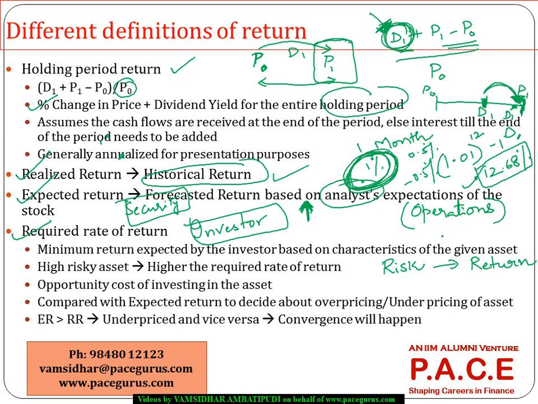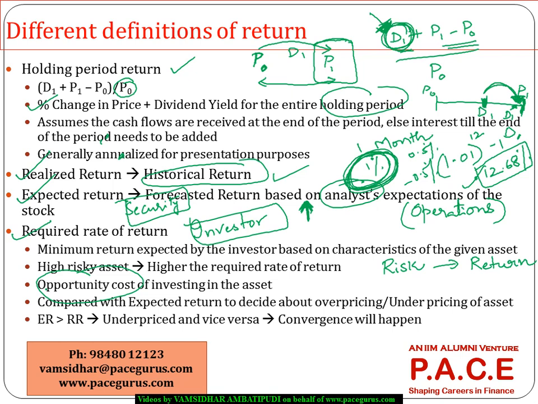So if the particular security is highly risky, the return expectation, the required rate of return, would be much higher, and vice versa. Because the other way to define the required rate of return is that it is actually an opportunity cost. I am foregoing some other opportunities to invest somewhere else by investing in this particular security.